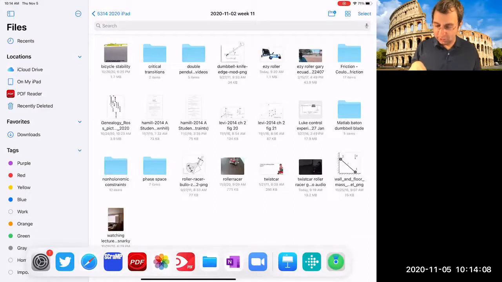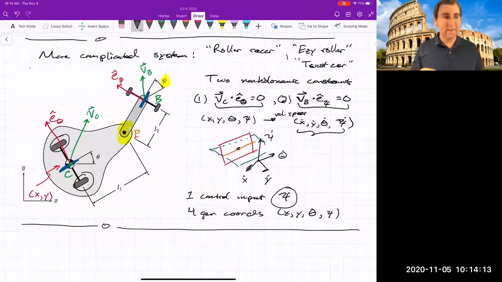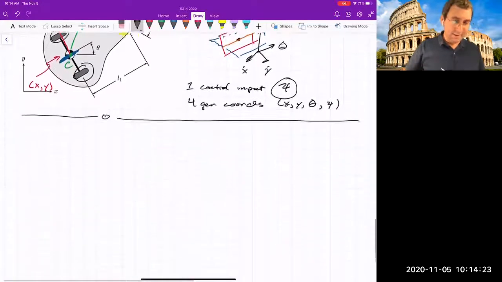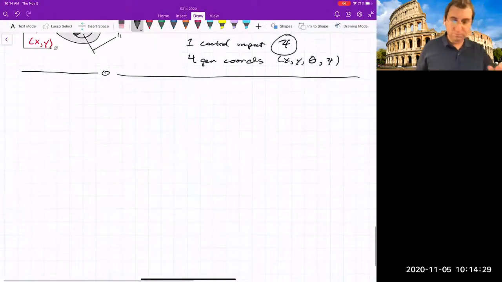It has nothing to do with the gyroscopic effect. You can create bicycles that do not have a gyroscopic effect of the wheels, and they're still self-balancing. So it has something to do with non-holonomic mechanics. Kind of complicated. All right, let's look at another example.